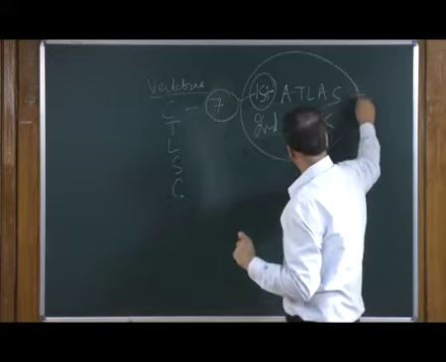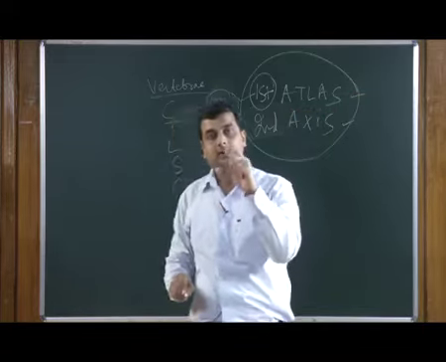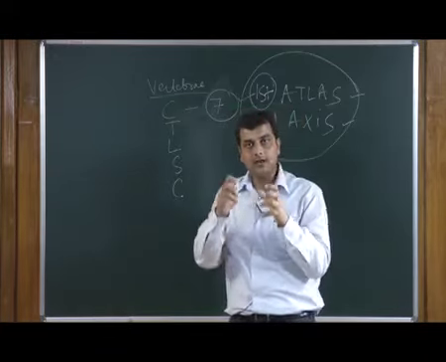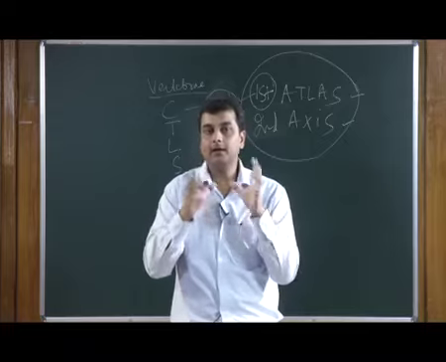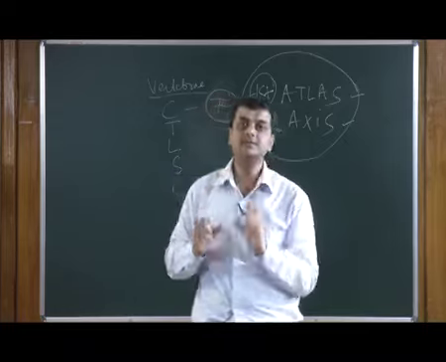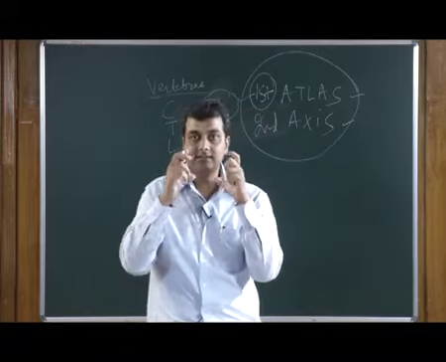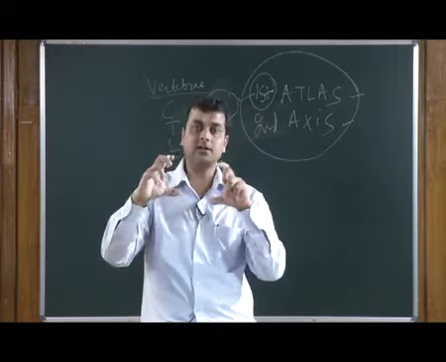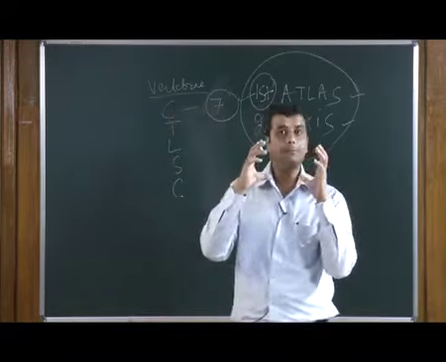The atlas and axis form a very important structure in the human body that helps our neck to rotate. We will discuss the joints in this area and how the rotation of axis and atlas is linked to the movement of the upper skull region.